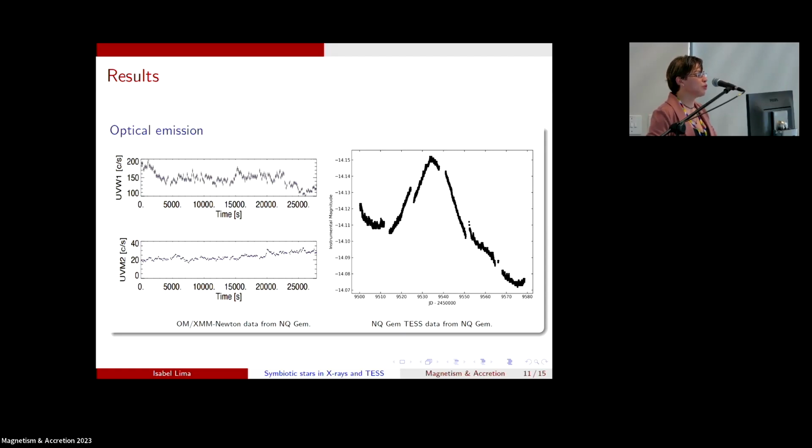And just out of curiosity, NQ Gem doesn't have a SAP or PDCSAP light curve from the MAST website, so I needed to use FFI images for this object, and I also analyzed the others the same way.